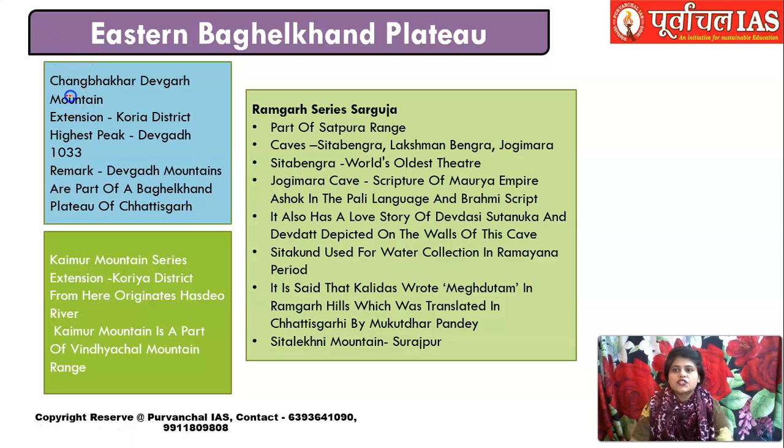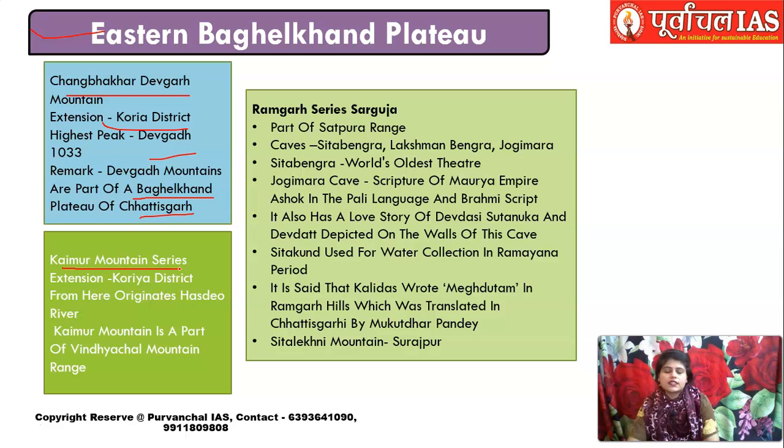See, the Changbakar Devgarh mountain in Korea district, the highest peak is Devgarh, and they are considered part of the Baghelkhand plateau. Obviously it is Eastern Baghelkhand, so Devgarh mountain is part of the Baghelkhand plateau of Chhattisgarh. We also have the extension of the Kaimur mountain series. I hope you know that there are mountain series if you have studied Indian geography.